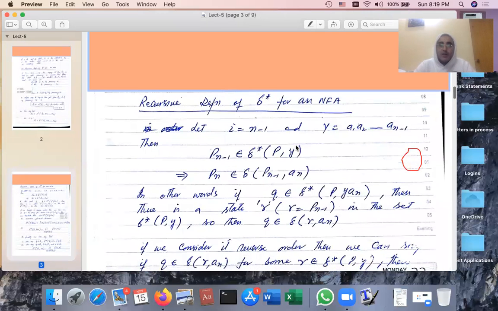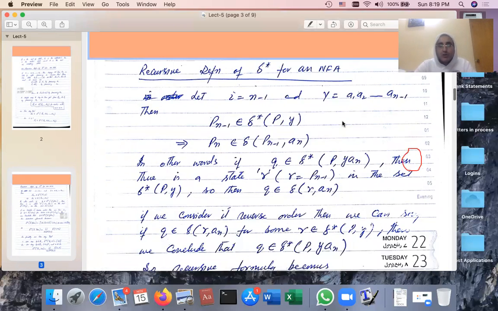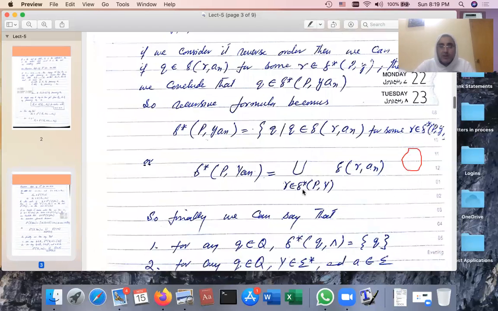And now the recursive definition of delta star, the recursive definition of transitions which are involved in an NFA. So now we have to again suppose something, and then we have to reach an equation like this. For example, this is the form of the equation.